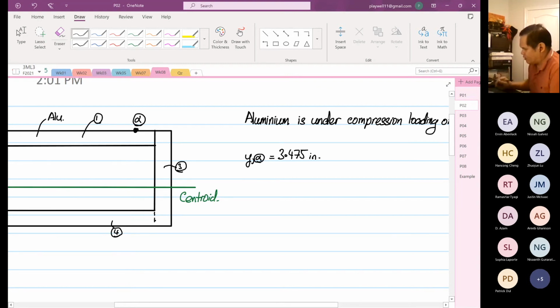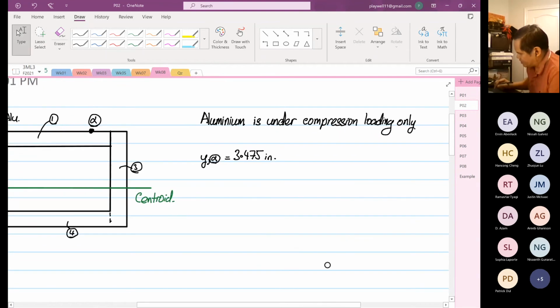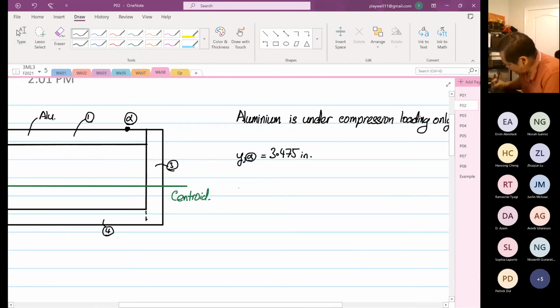Okay. So as we declare now here, aluminum is under compression. So stress in the x direction of aluminum is equal to, so you have to put in the formula, you have to put in the coefficient.